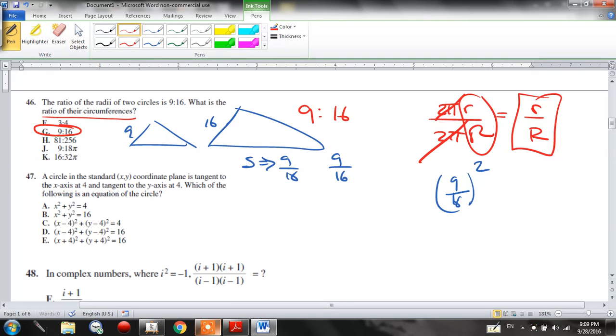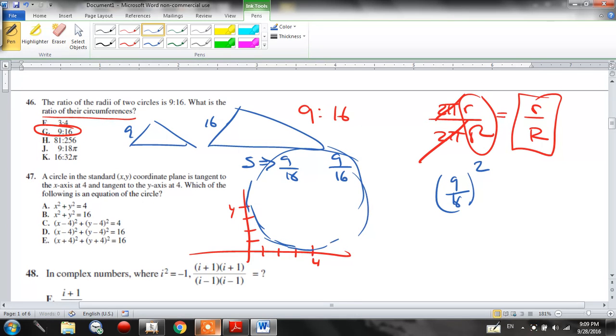Okay, 47. A circle in the standard xy plane is tangent to the x-axis at 4. It's tangent at 4, and it's tangent to the y-axis at 4, like there. So the circle is kind of going like this. See, it's tangent to there and tangent to there, like this.